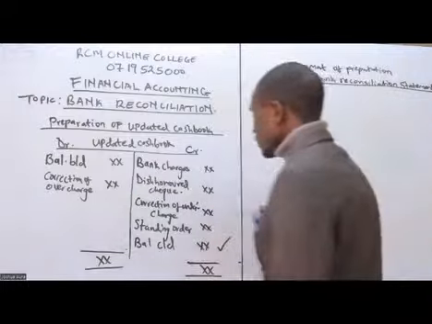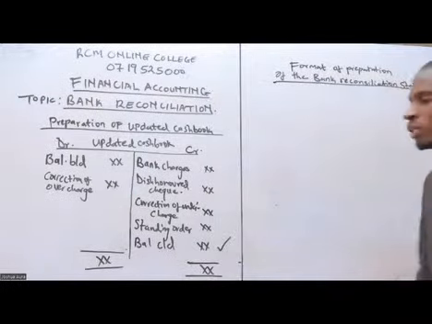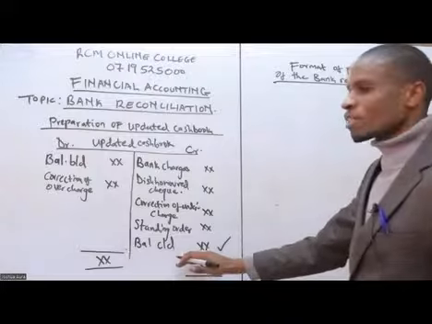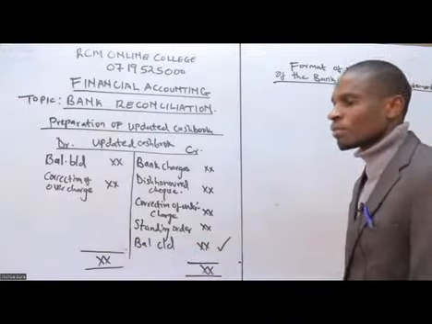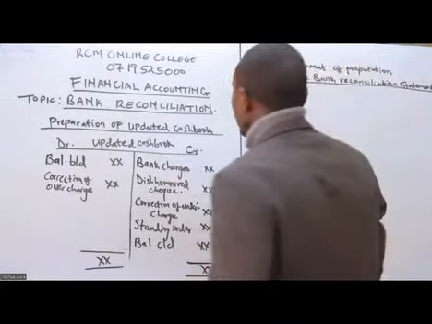In this case, we start with the balance that was carried down, the balance as per the updated cash book.